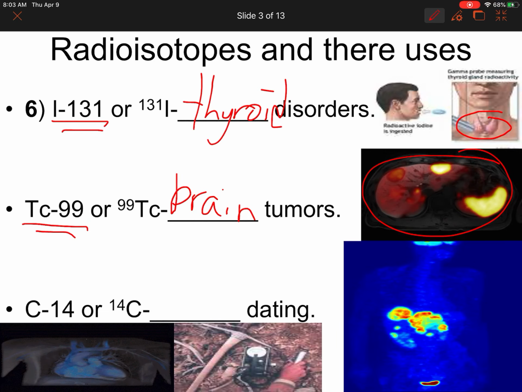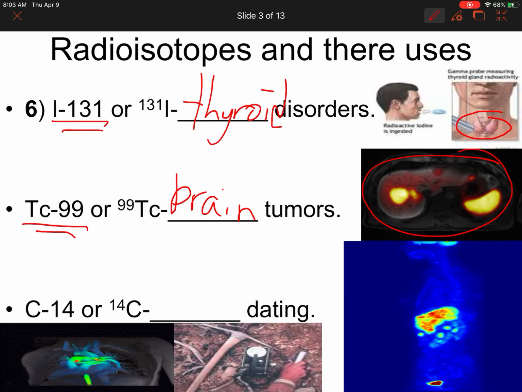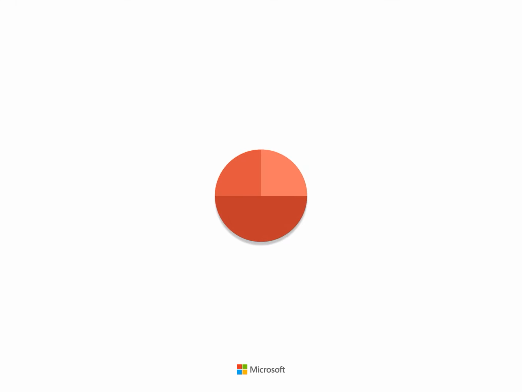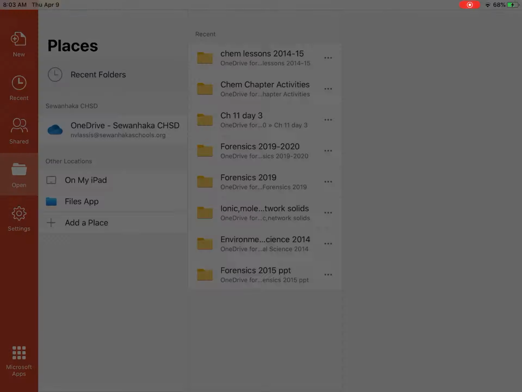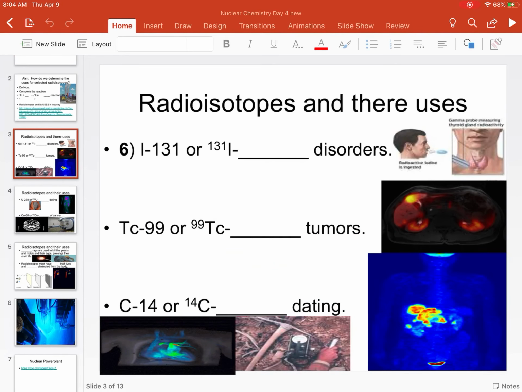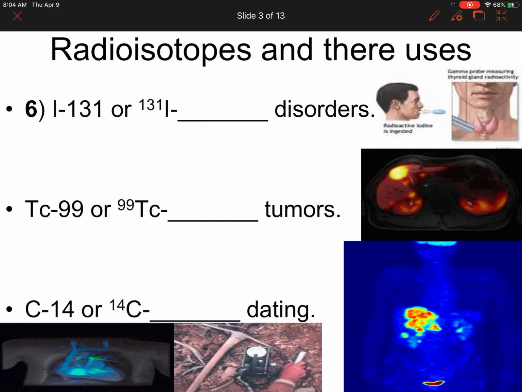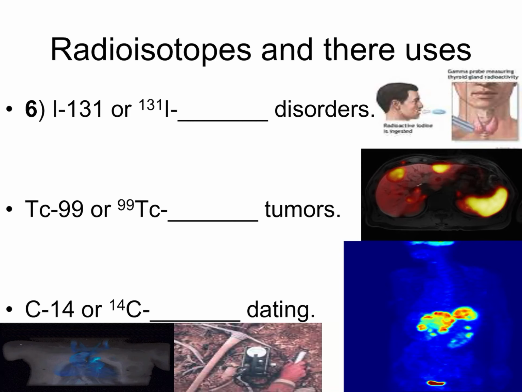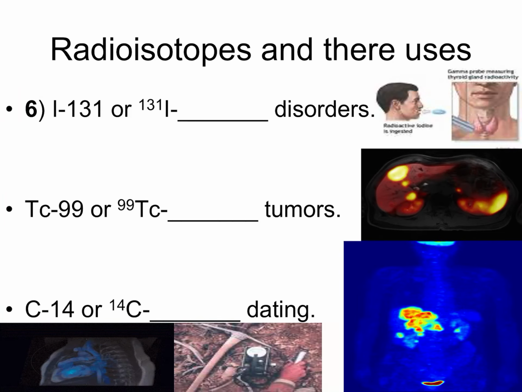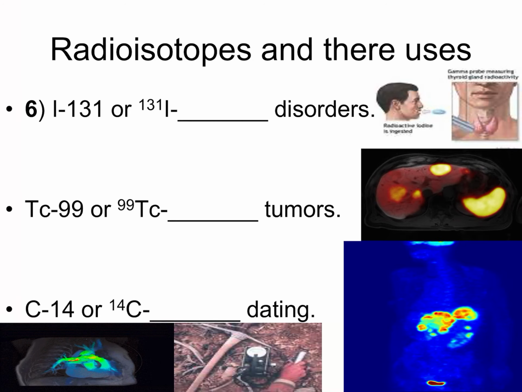Now, you've seen C14 before, correct? C14, going back to earth science, is used for different types of dating to see how old different things are, like maybe trees or animals, right?